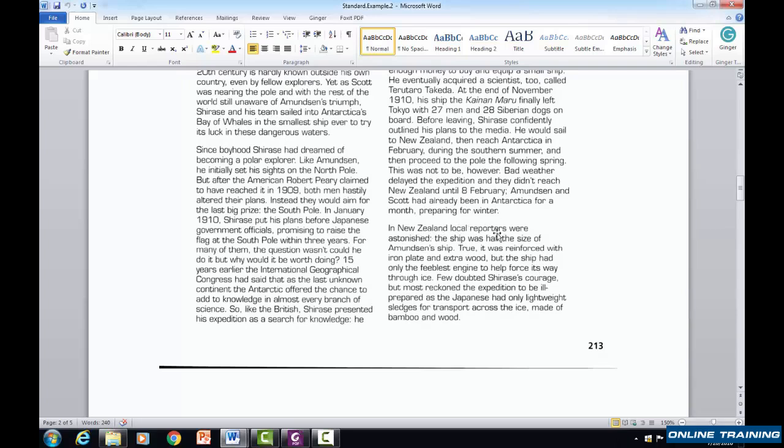All right, in New Zealand, local reporters were astonished. The ship was half the size of Amundsen's ship. True, it was reinforced with iron plate and extra wood, but the ship had only the feeblest engine to help force its way through ice. Feeble means like weak.